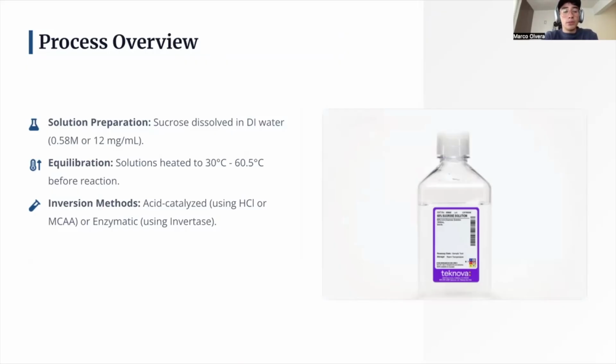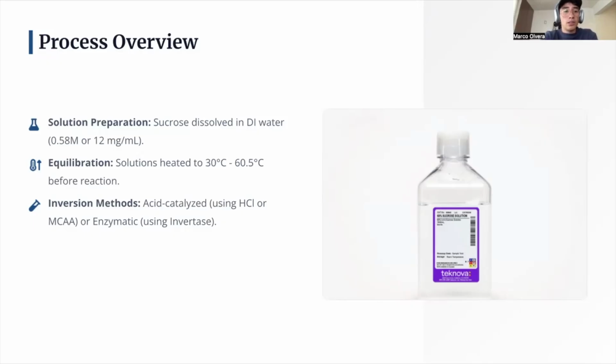Okay, so the process overview. I found several articles that talked about the solution preparation, where usually you need to use about a 0.58 molar concentration of sucrose, but in this project I used a 1.5 molar concentration, changed in order to see how it affected the costs, but we're going to talk about that later.